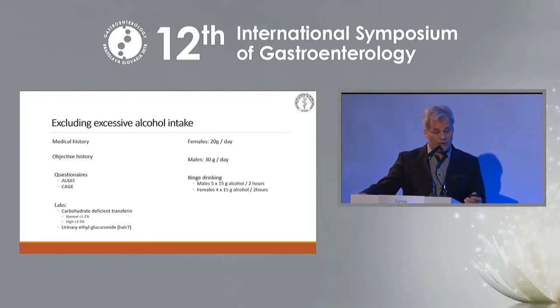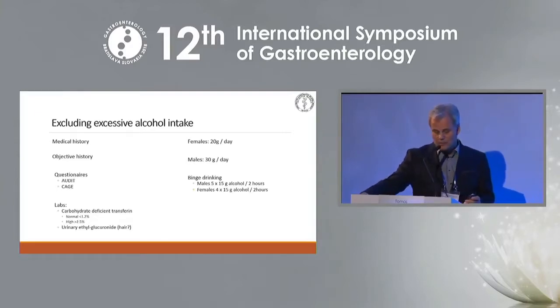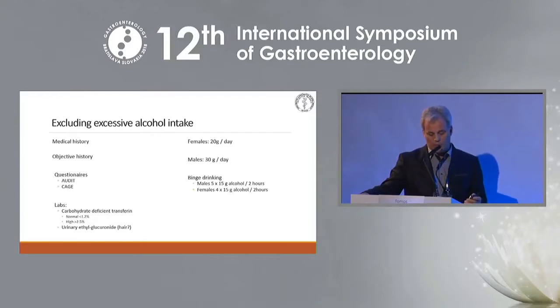Of course, we should also rely on medical history, objective history, and there are some tools to look for alcohol consumption, such as the AUDIT questionnaire and the CAGE questionnaire, to discover unnoticed alcohol dependence. And of course, we have some labs that we look for. We can use basic labs, but also some more sophisticated ones, like carbohydrate-deficient transferrin or urinary glucuronide.